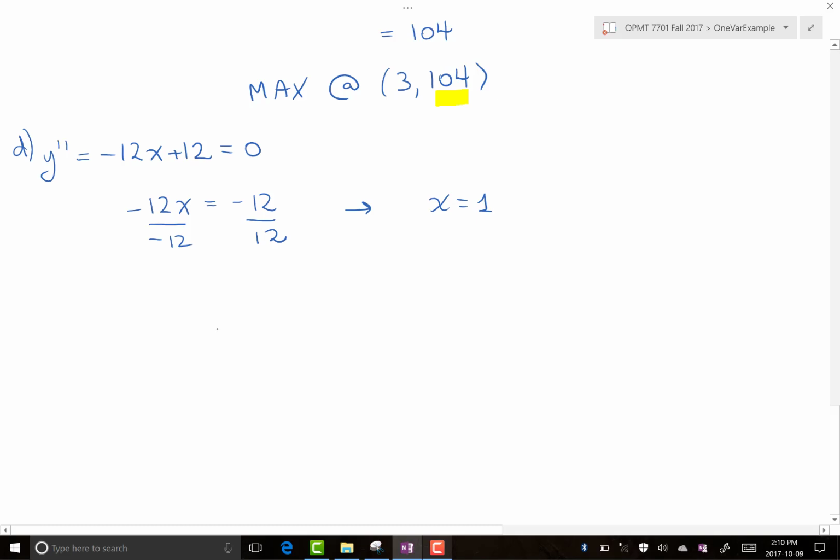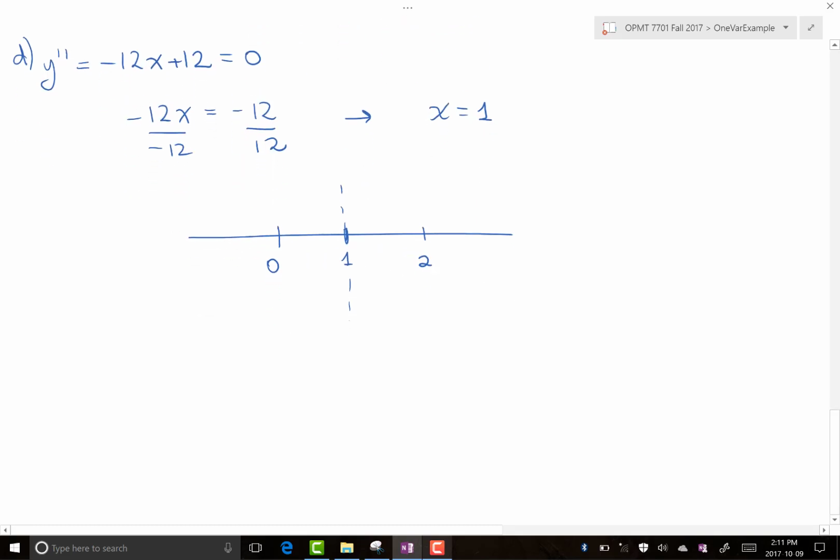And now we just need to test on either side of that and test y double prime. So to the left of 1 we'll just test 0, to the right of 1 we'll just test 2. You could test any values to the left and right and go and plug the 0 and the positive 2 into y double prime.